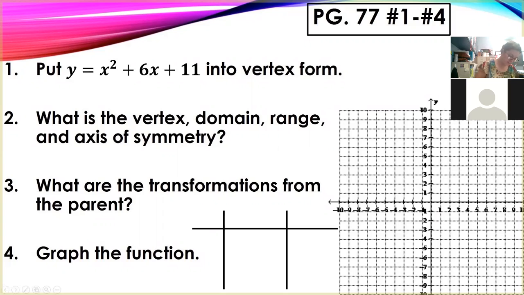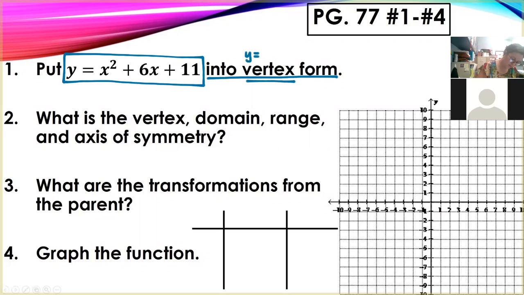On this problem, I want to take the equation that I have right here, and I want to change it into vertex form. Well, I know my vertex form is my AHK form. What form is it in right now? General. General form, yes.